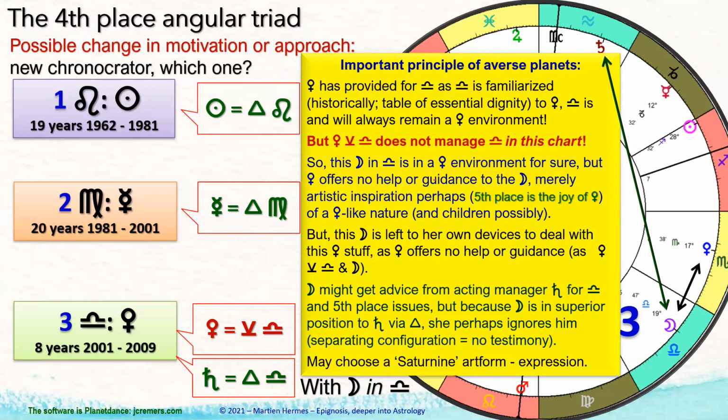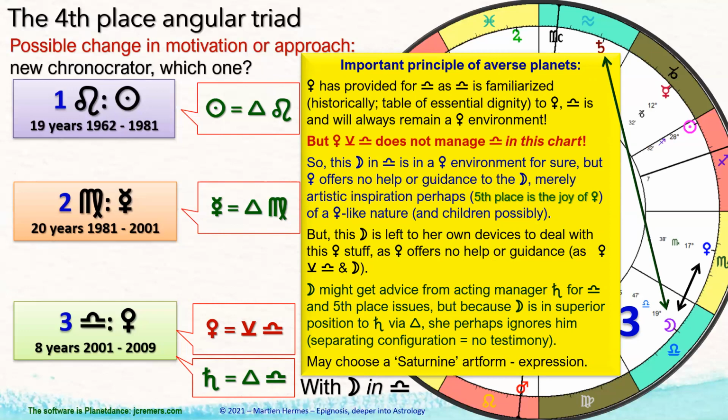And remember, the fifth place is the joy of Venus. So there might be artistic inspiration simply because it's the fifth place of a Venus-like nature, because Libra is a Venus-like image. So, of course, it is a Venus-like environment having to do with artistic things, etc.